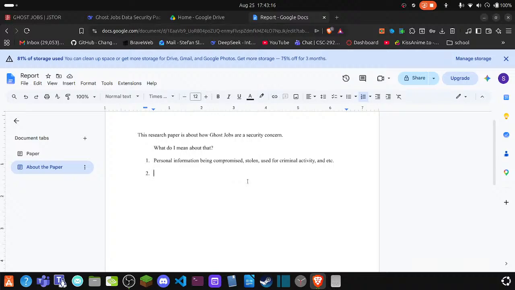Second, another security concern: the person didn't really consent for their information to be held in these databases for months.